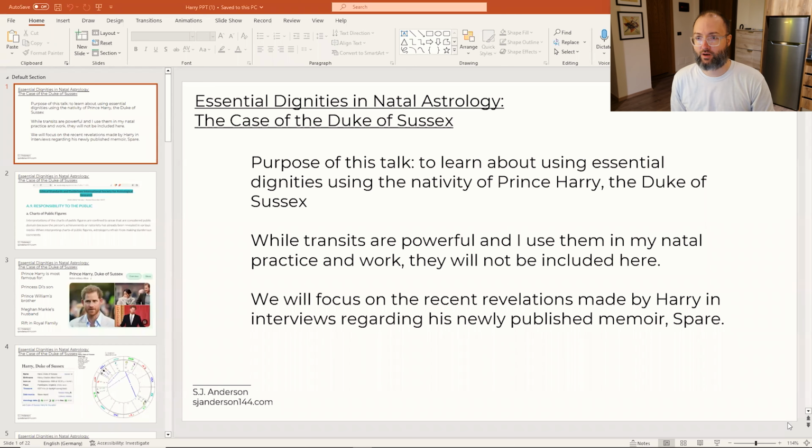We're going to remove that from the conversation because we don't need it in order to explore this major theme, and the major point here, which is the use of essential dignities to examine the natal promise and look at what happens in the life, and then look at the chart and the dignity scheme and how that can inform what we're witnessing in the unfoldment of an individual.